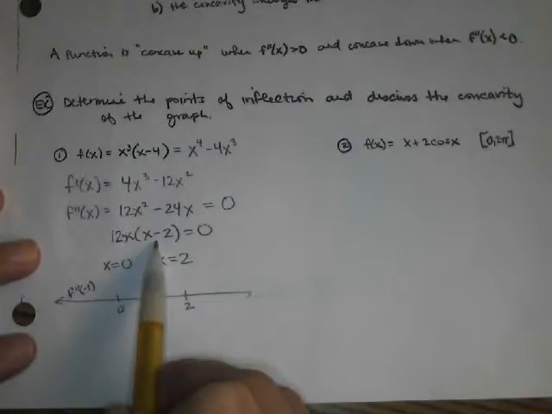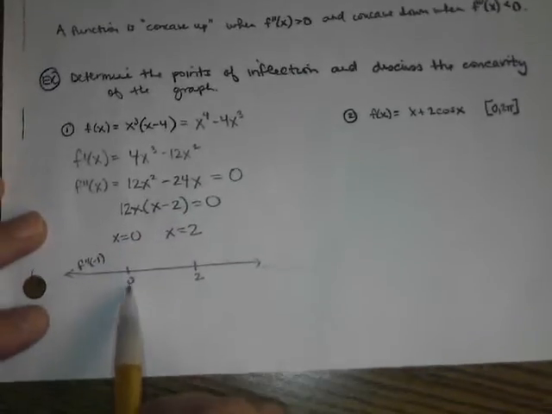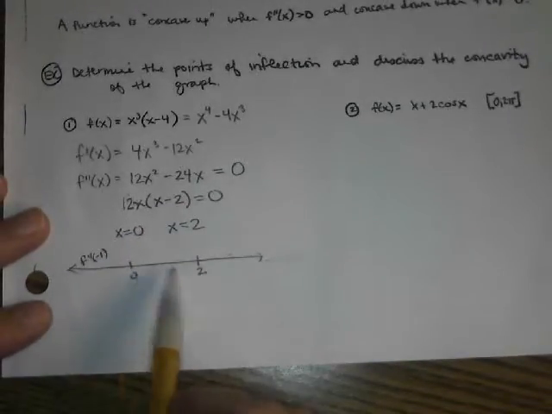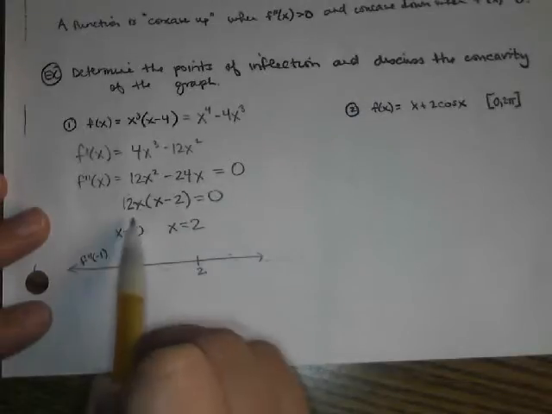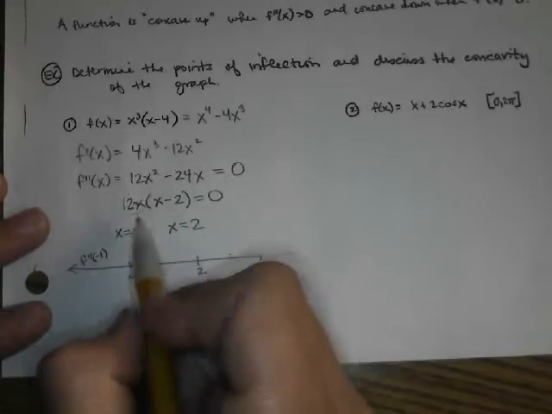Because the points of potential inflection have created intervals for us. We have to pick a point within each interval to check the concavity there. So at negative 1, we plug in a negative 1, and we get a negative times a negative, which is a positive. So we're concave up in that interval.